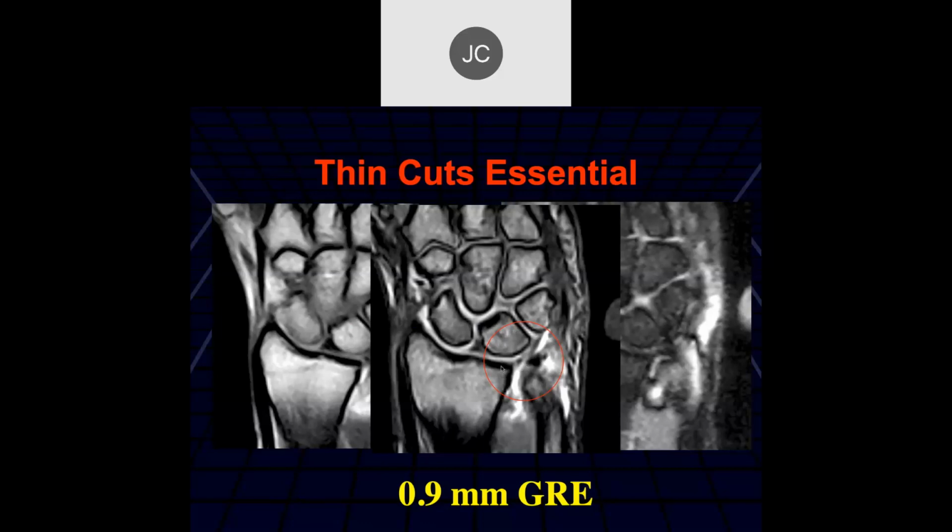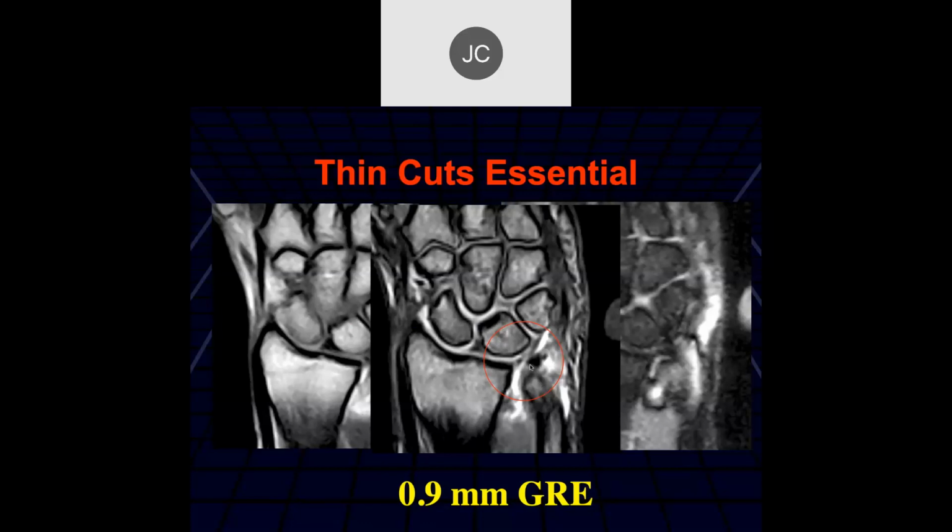So there were some advantages when we did a lot of low field imaging of the wrist, back when we used these thin cut gradient echo images. But there are very few areas in musculoskeletal imaging where low field has any advantage. By far it's much more important to image the musculoskeletal system using high field imaging, but just be aware that there are some limitations.